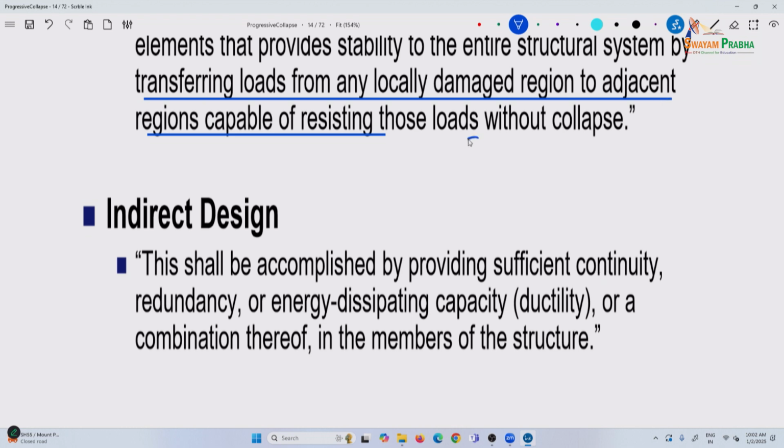Direct design is strength based, whereas indirect design is detailing based.